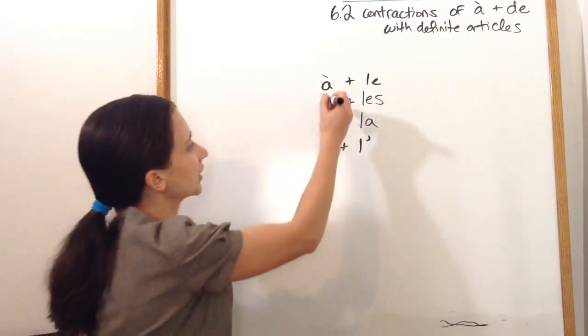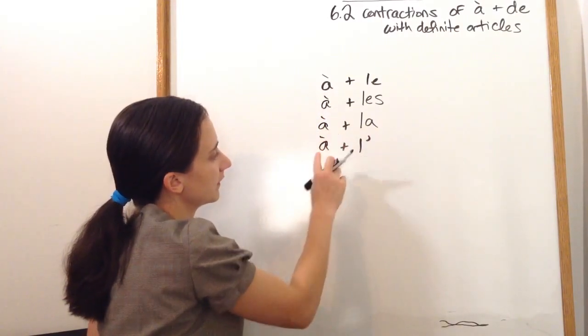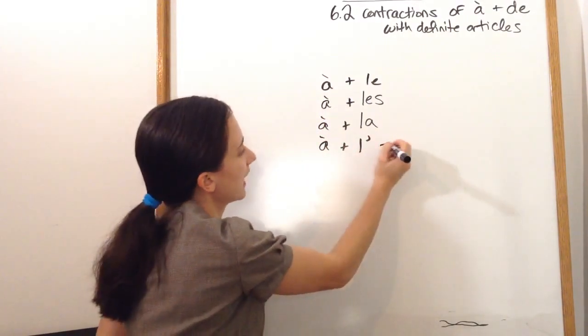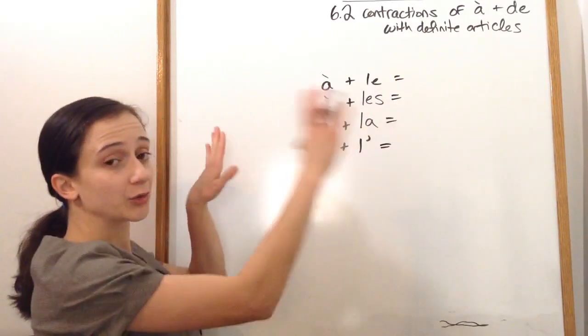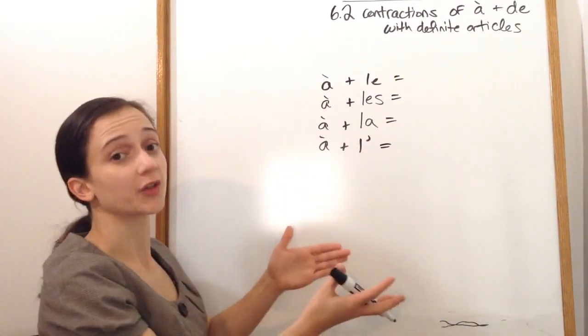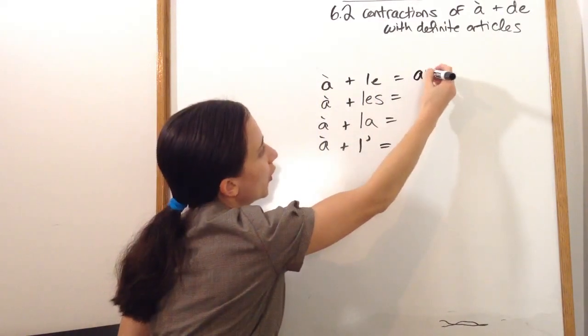So a contraction, this plus this, a plus apostrophe, it changes to something. So if ever you put a next to le, you have to change them. A plus le equals au.